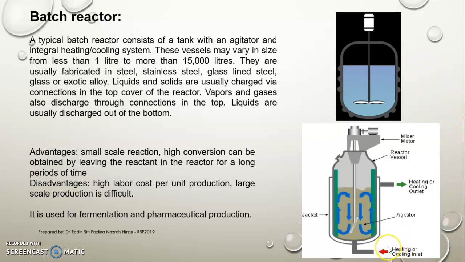Okay, and advantages, it is very useful for small scale reaction, and it also can produce high conversion by leaving the reactants in the reactor for a long period of time. While for disadvantages, it will exhibit high labor costs per unit production. Large scale production is also difficult, and it is used for fermentation and pharmaceutical production.